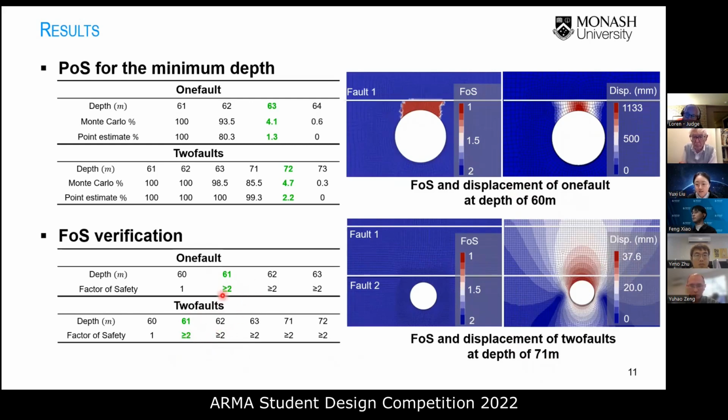It is concluded that by comparing the results of the POS and FOS, we can tell POS is more critical than the FOS on the determination of the optimum tunnel depth design. And the 63 meters for 1/4 and 70 meters for the 2/4 by the FOS is the minimum and optimum depth of the tunnel.